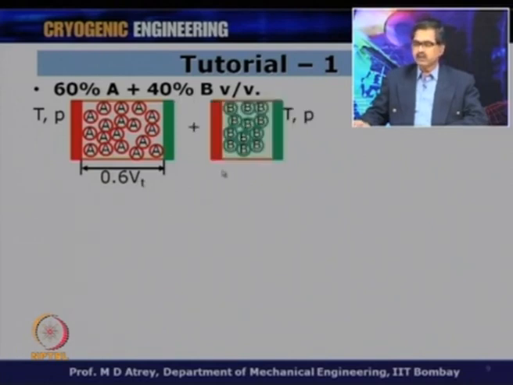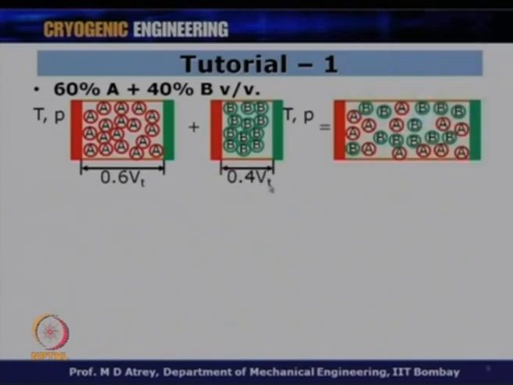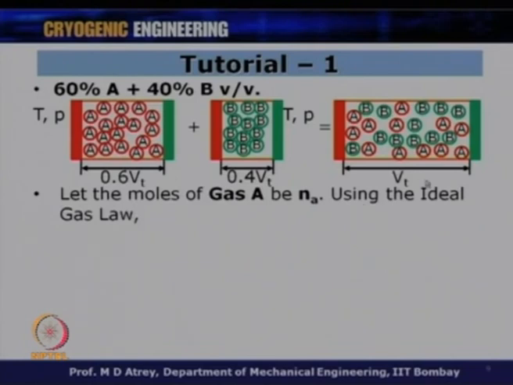Plus we have a second gas, gas B, and it occupies 0.4 times Vt, that means 40% of the total volume, and when they combine together what you get is Vt. So, what we know here is gas A occupies 0.6 Vt, gas B occupies 0.4 Vt, where Vt is the total volume when the gases are mixed together.